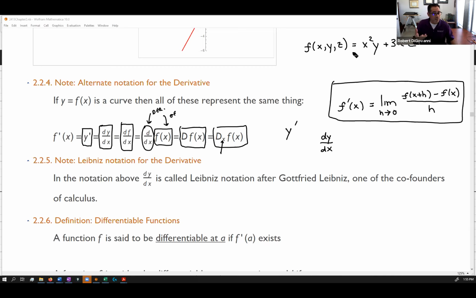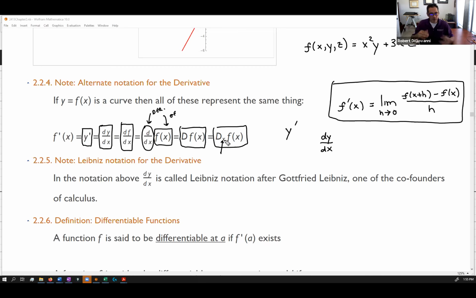And so in Cal 3, we have to take derivatives also. Now it has different meaning, but if I'm going to ask you to take the derivative, I need to tell you what variable I'm asking you to do the derivative with respect to. It's important in Cal 3. So this notation easily indicates what variable you're differentiating with respect to.